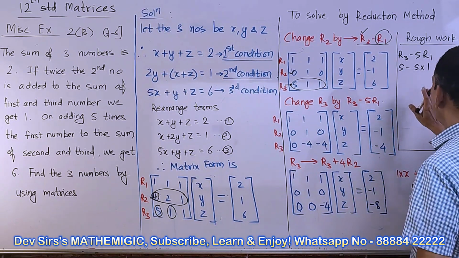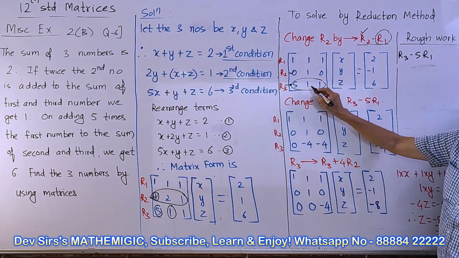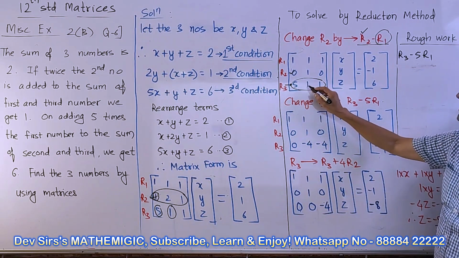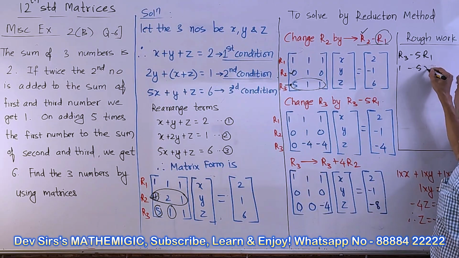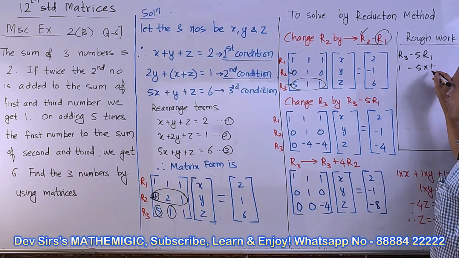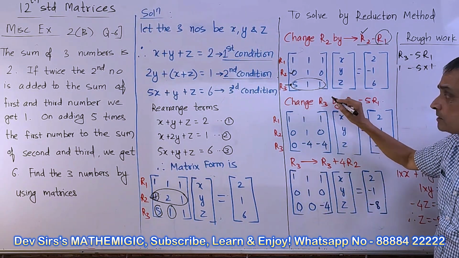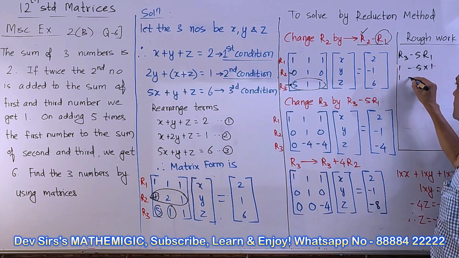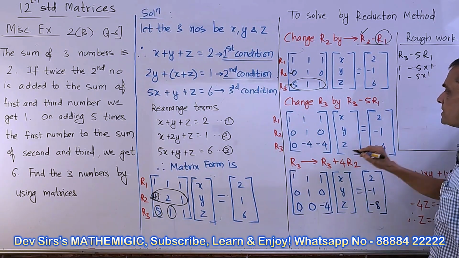Second, 1. Since R3 is going to change, this has to change. 1 minus 5 into, directly go to R1. So 1 minus 5 gives you minus 4. R3 changing. Similarly, 1. Same thing. 1 minus 5 into 1 gives you minus 4.